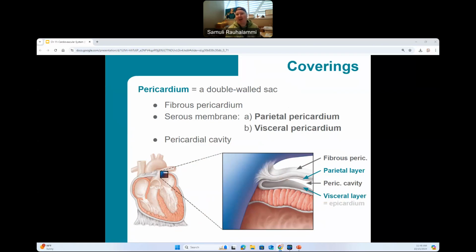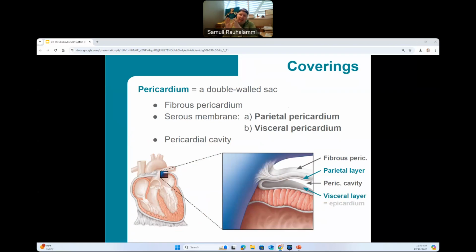But now that we've defined our parietal pericardium and our visceral pericardium, I wanted to look at the space in between these two serous membrane layers. This space is known as our pericardial cavity, and it is filled with serous fluid. A comparison that I often give to my students in class is to consider a Ziploc bag.